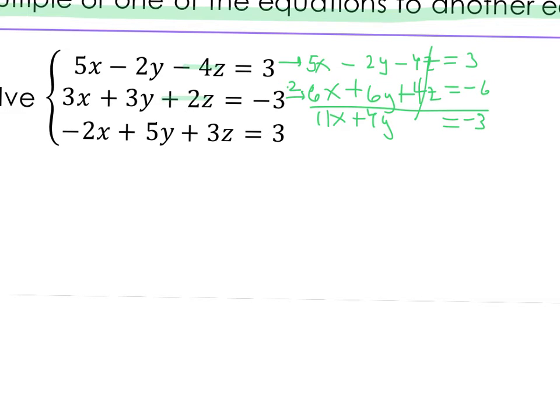Now this is that example where we multiplied one of the equations by a constant and added 2 equations together. This replaces equation 2. So I like to write new equation 2 underneath it. And now the next step is to rewrite our system. So equation 1 and equation 3 remain the same.